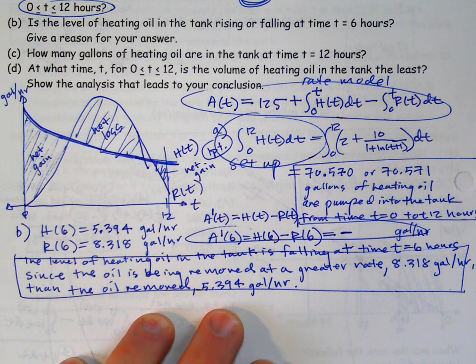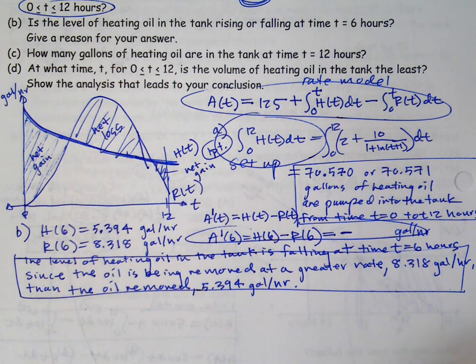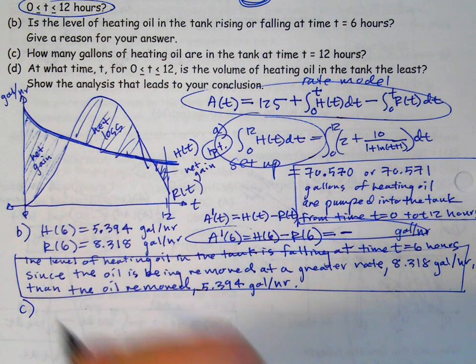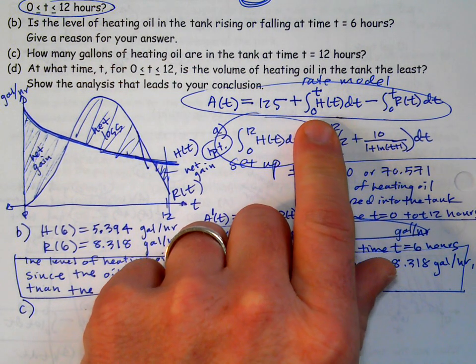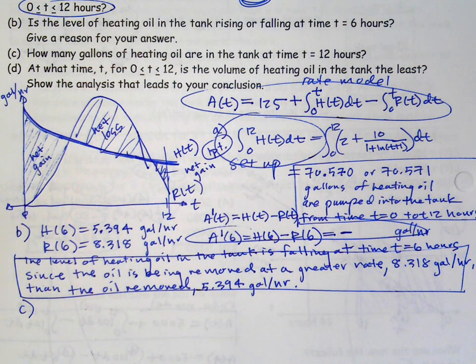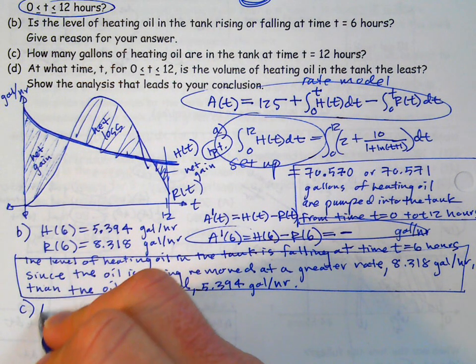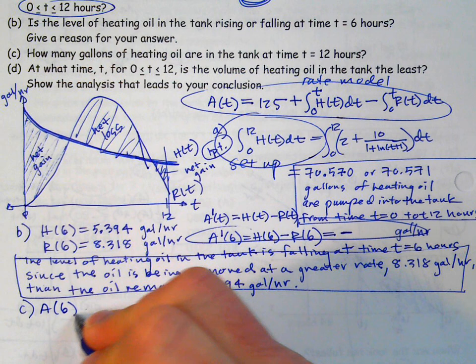A lot of times on rate models they ask you about the overall rate or something. Now, part C says how many gallons of heating oil are in the tank at time 12 hours. So part C is the most straightforward question where we're going to use our whole rate model and just find the amount of oil at time 6. So we got to show our work.